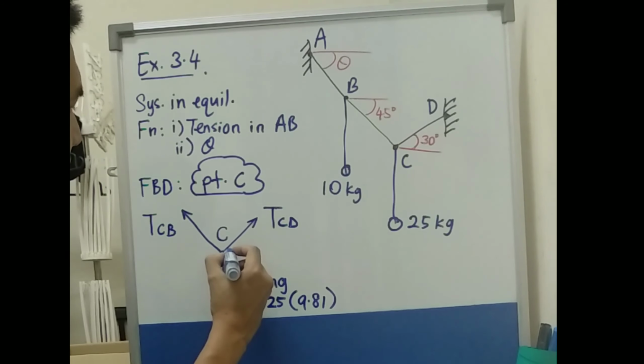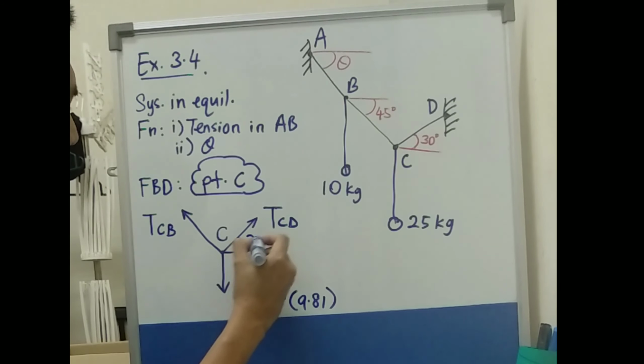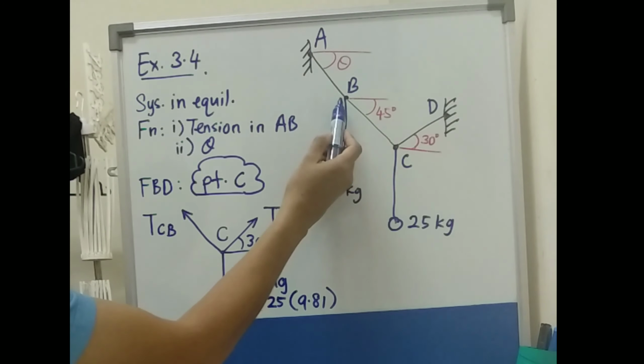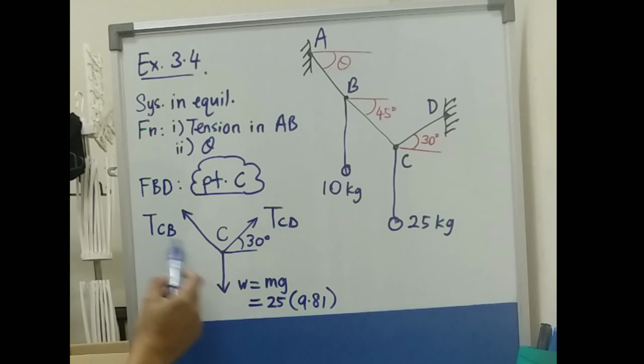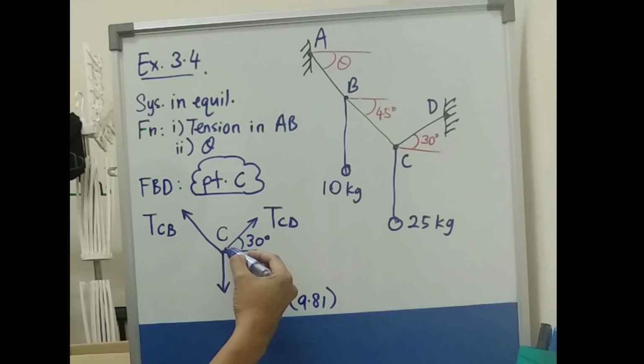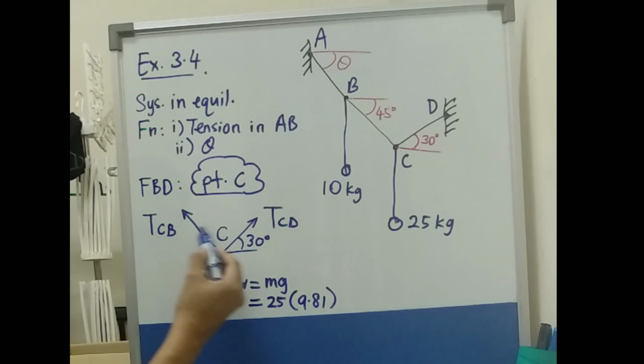And then we have tension TCB, from this point to point B. So this is your free body diagram for point C. You have the weight pointing downward, the tension TCD at 30 degrees from horizontal, and the tension TCB due to cable CB at 45 degrees.